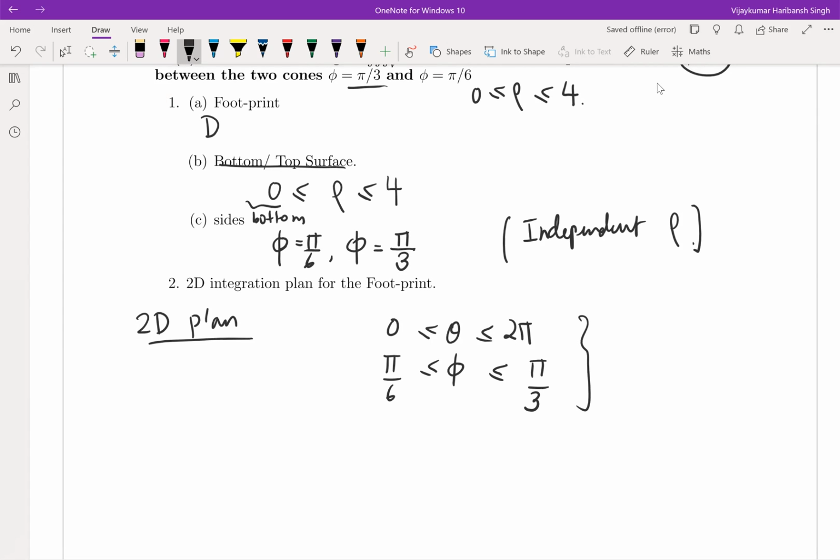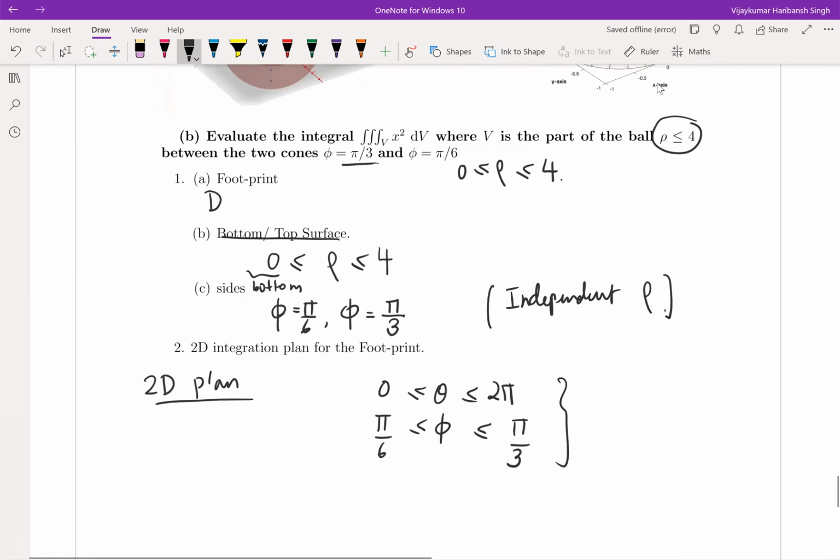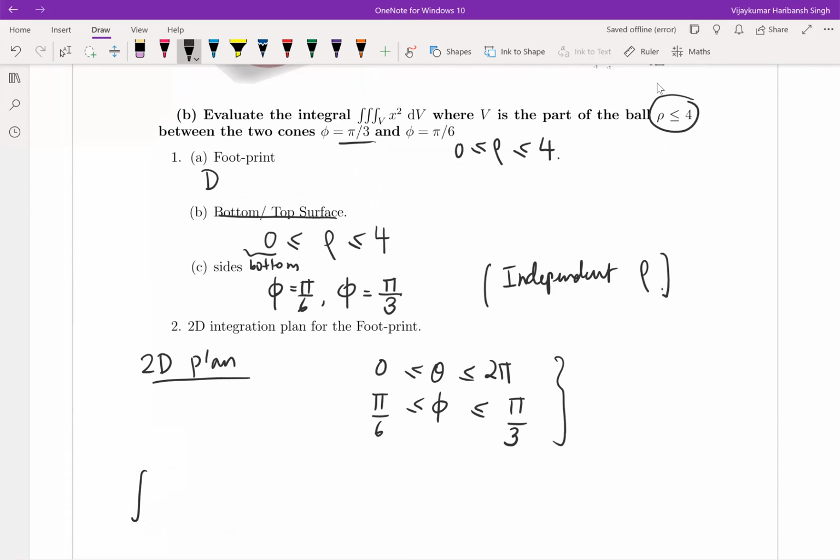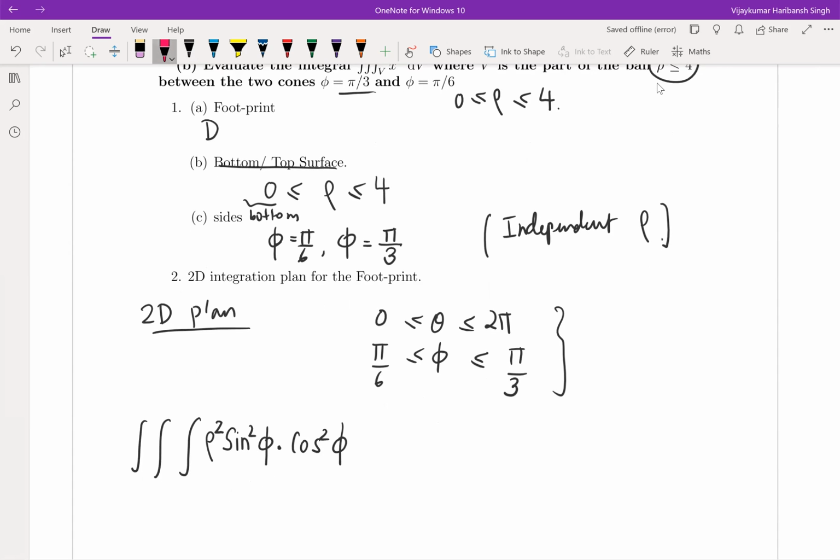So therefore we get this integral I. We are integrating x squared, which is rho squared sine squared phi cos squared phi, right? This is your x squared. Then your volume element dV is given by, so now we'll write it in the order which one goes first.